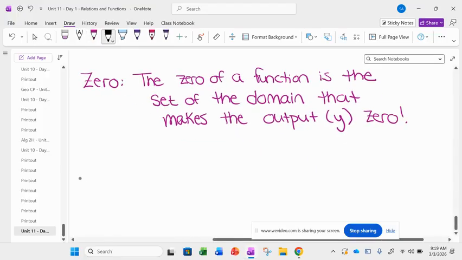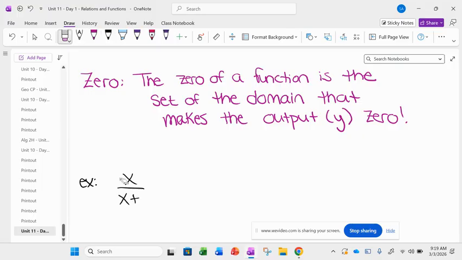So let's say I have f of x equals x over x plus 2. Do we agree that f of x and y are interchangeable? That y is the same as f of x and f of x is the same as y?